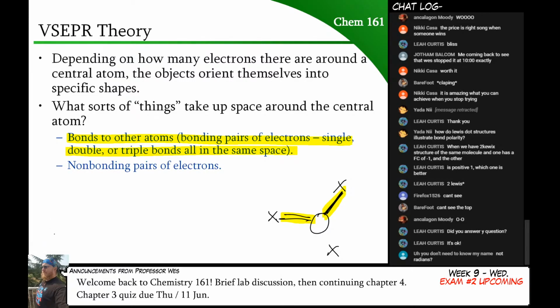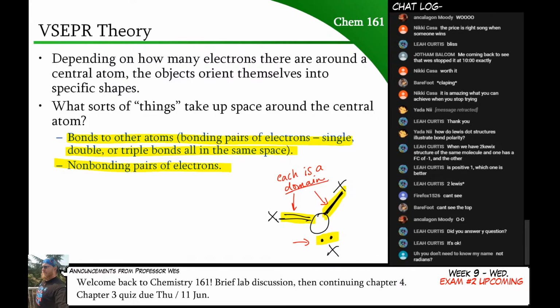The other thing that could be attributed would be any pair of electrons that are non-bonding. Those also take up space too. So in our little sketch over here, each of these is a domain.